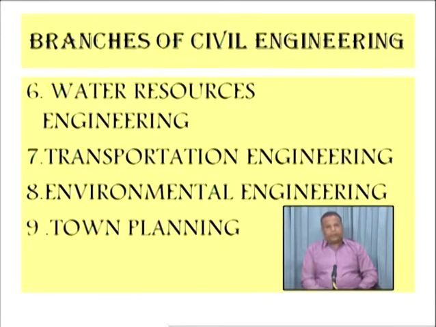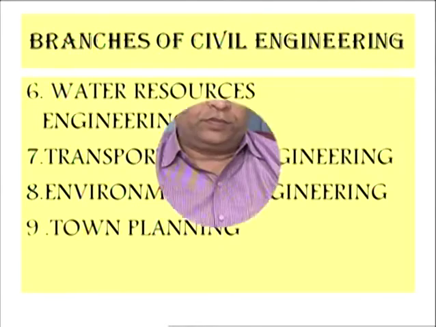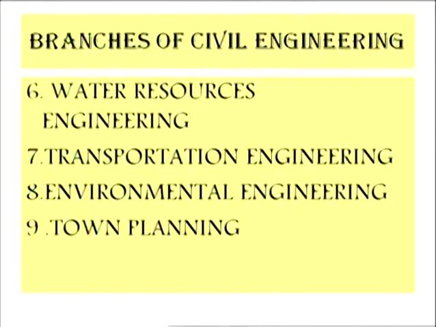Number 8 is environmental engineering. And number 9 is town planning. In total, these are the 9 branches of civil engineering. They are also known as the areas, or divisions, or fields of civil engineering.